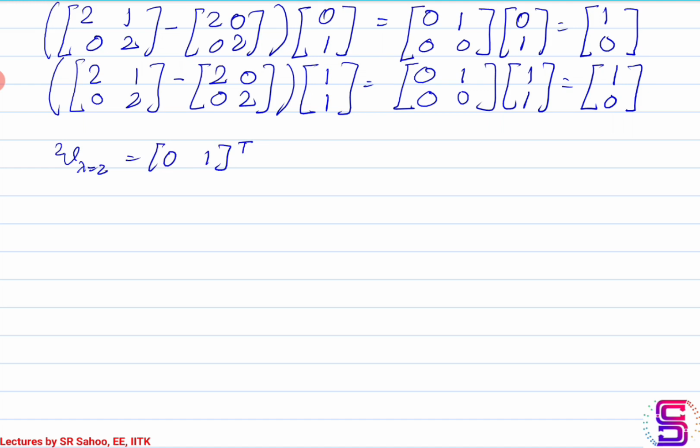Also, notice that the generalized eigenvector that I have picked up and the corresponding eigenvector that I already have in hand are linearly independent. Okay. So now when we have two vectors which are linearly independent, we are possibly going towards construction of a basis to represent a space.